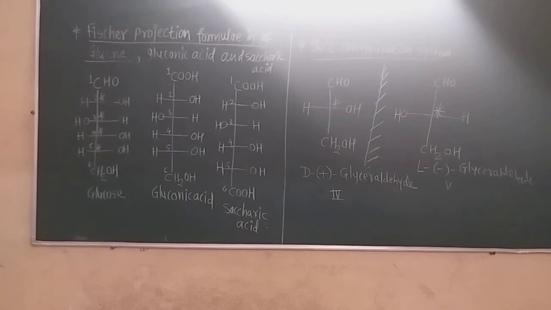And if the OH group on the second carbon atom is on the left hand side, then that Fischer projection formula is called L or minus glyceraldehyde. This D configuration is also shown by the symbol capital D or plus sign. Similarly, minus glyceraldehyde, that is the fifth structure, is denoted by the capital letter L.